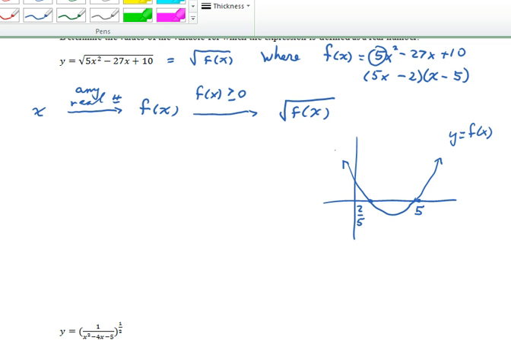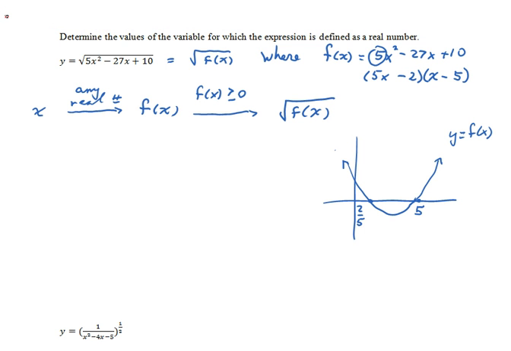And we notice that the y values of f of x, in other words, the value of f of x, is greater than or equal to 0 from 2/5 to the left and from 5 to the right.